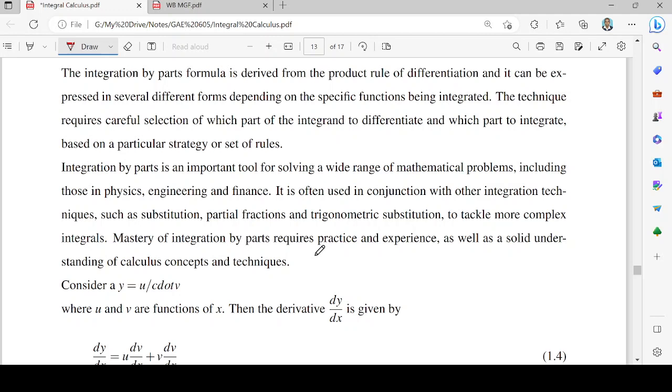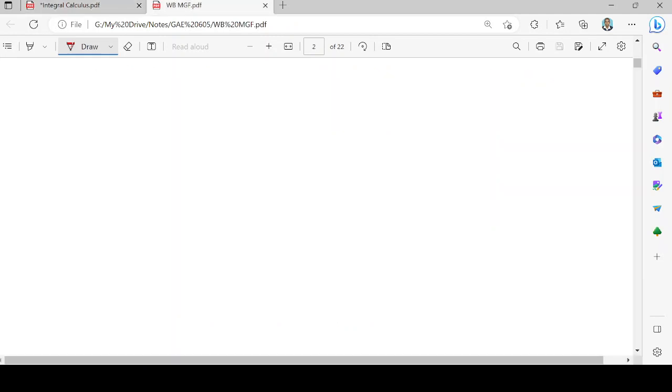So we shall consider a function y, which is defined as u times v, a product of two functions. If a function is defined as a product of two functions, then it is possible to differentiate this.